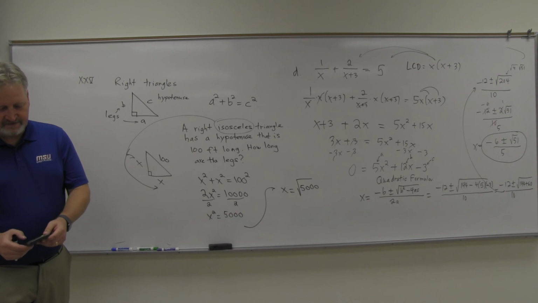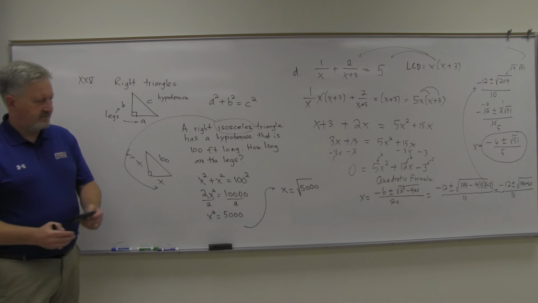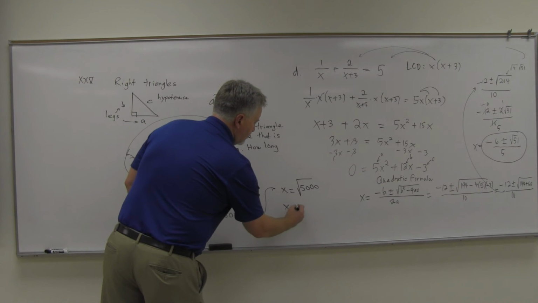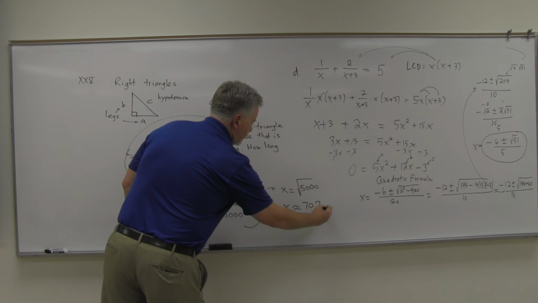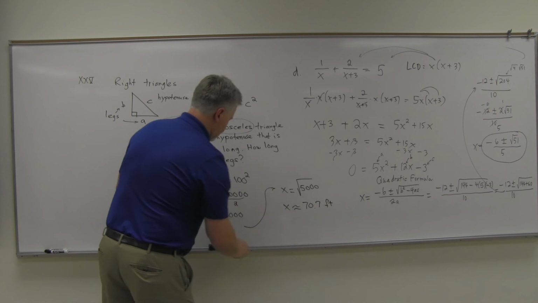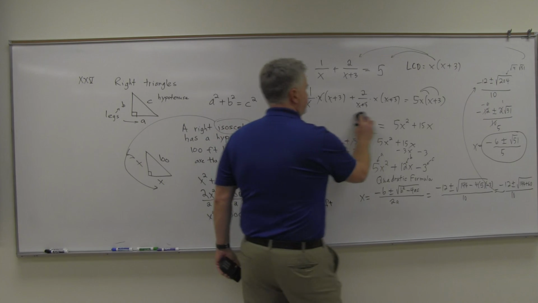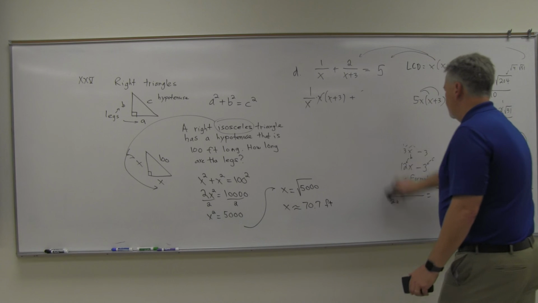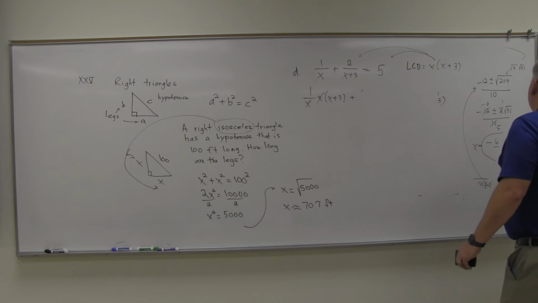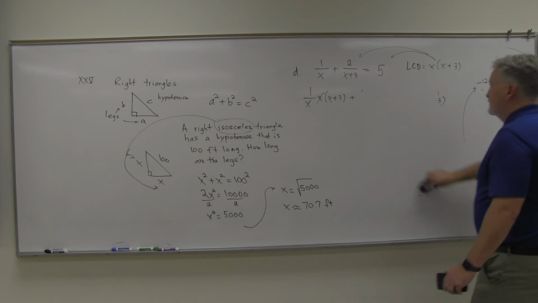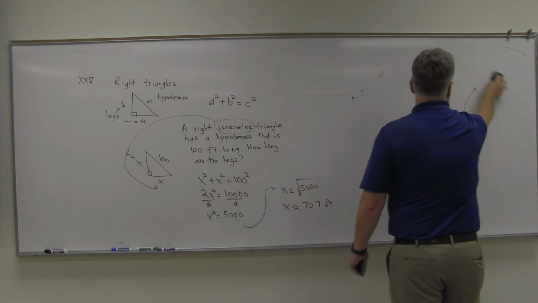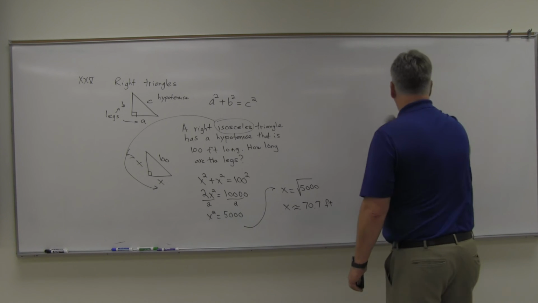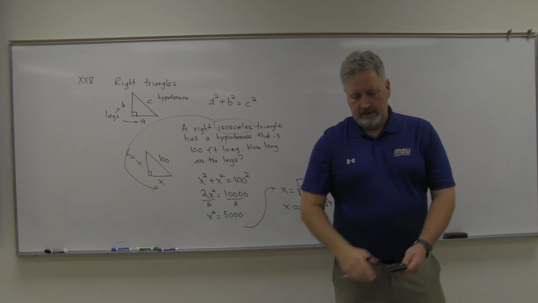The square root of 5,000 is about 70.7 feet long.